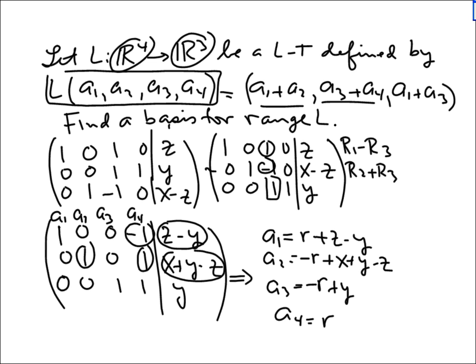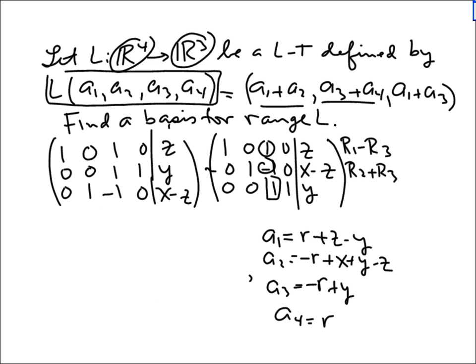Let me show you how this is true. Suppose I want to get 3, 4, 5. Suppose X, Y, Z is 3, 4, 5. Well, A4 is R, and we have Z minus Y. 5 minus 4 is 1.